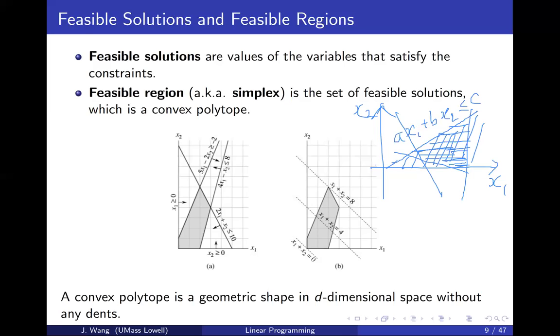That means any point in this 3D area would satisfy these four constraints. Okay, so such a geometric object is called a convex polytope, meaning for any nodes in this object, you make a line connecting them, then this whole line will either be on the boundary of the object, or they will have to be inside the boundary.